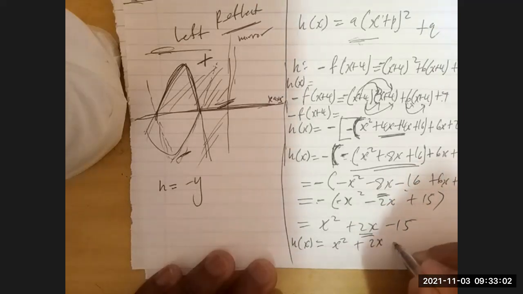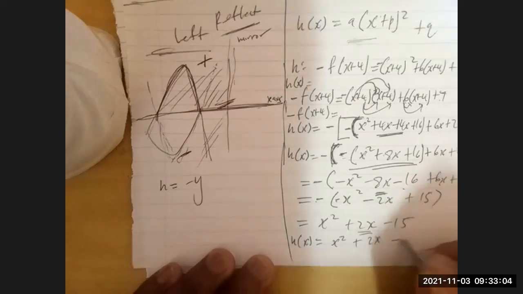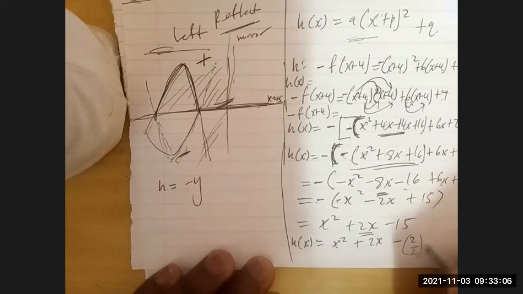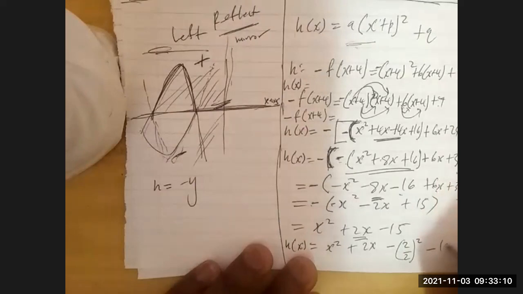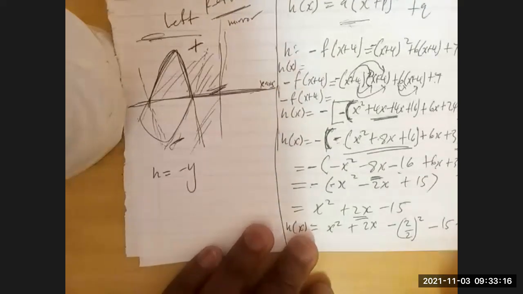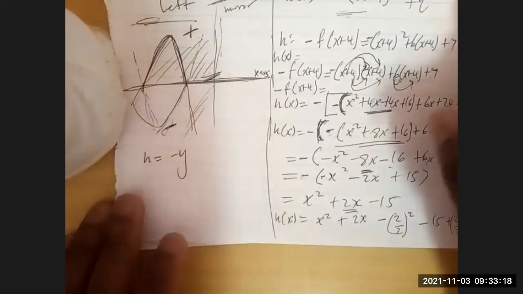And then what do we do? Minus 2 divided by 2 squared, okay? And then you have minus 15 here. Then we say plus 2 over 2 squared, okay? So that's the one thing that we know that we must do to complete the square.